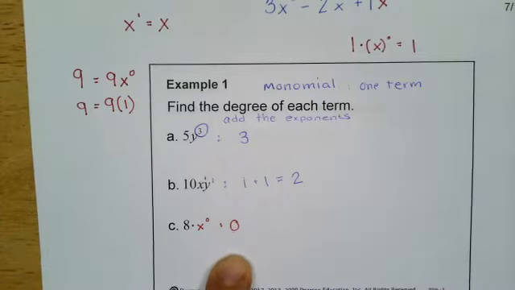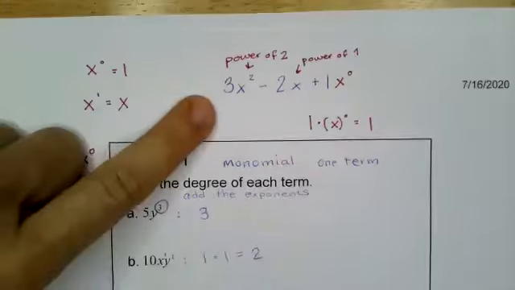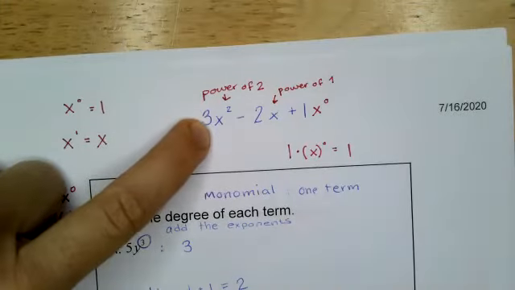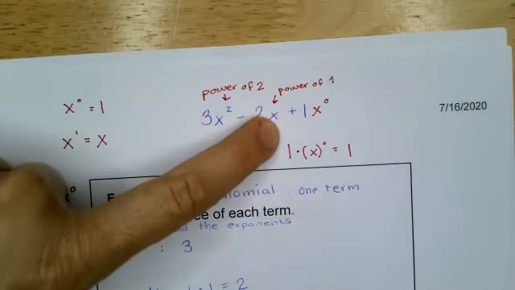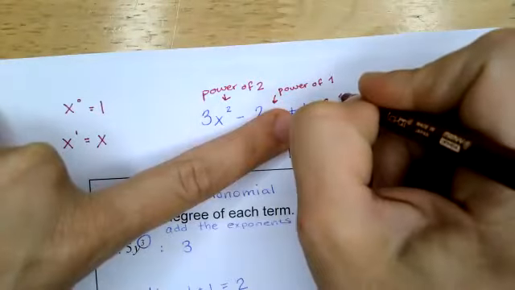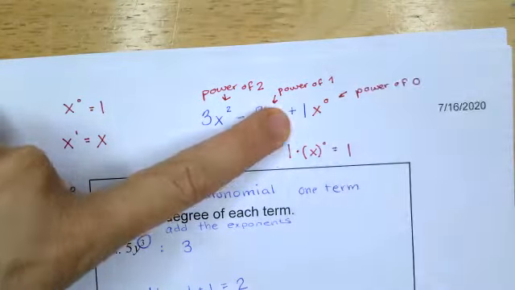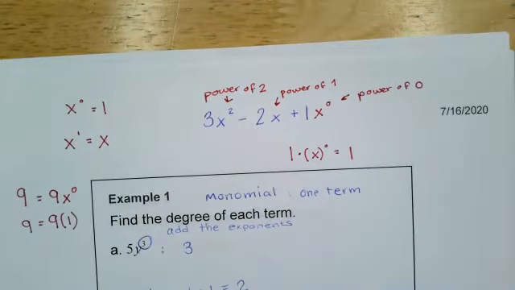Or you can just remember that the constants have a degree of 0. So that's x squared. The x is being raised to a power of 2. x is being raised to the power of 1. When you just have a constant, it is power of 0, or to the 0 power.